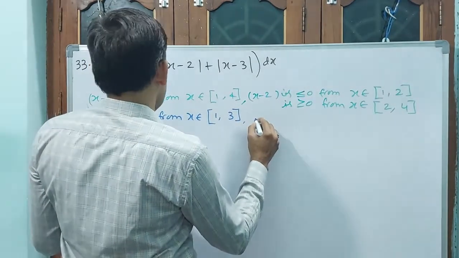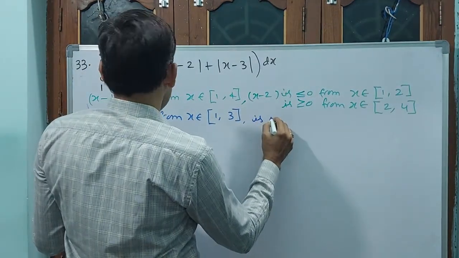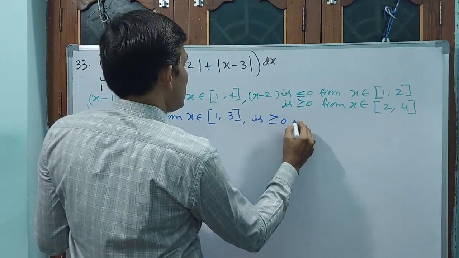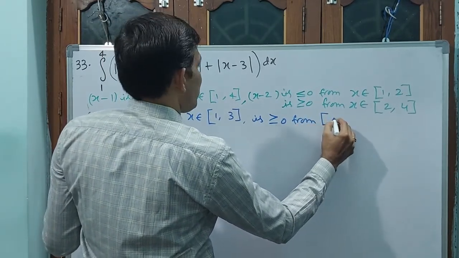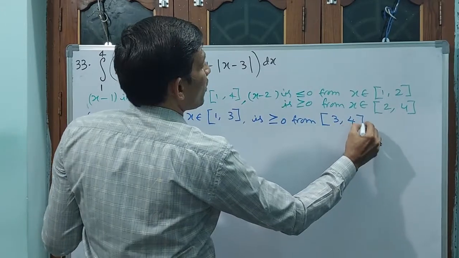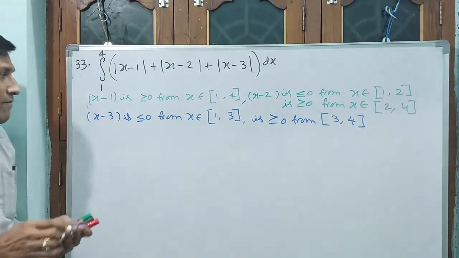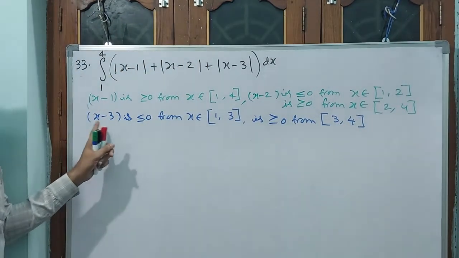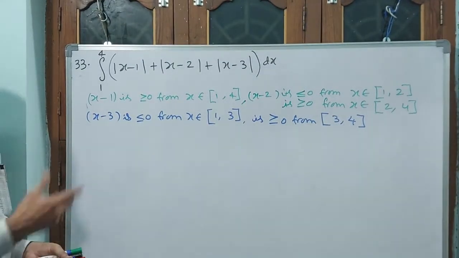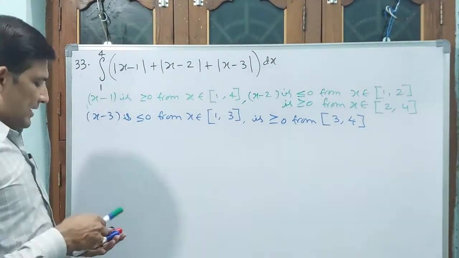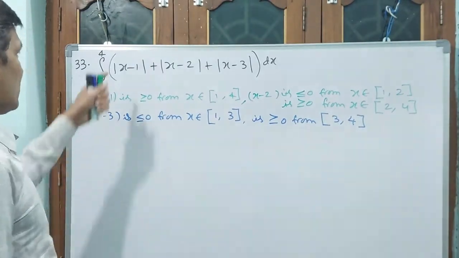And the same is greater than or equal to 0 from x belongs to 3 to 4. That means, you see, wherever less than or equal to 0, there you have to apply minus common. Remaining area plus you have to take. Let us now write in one go this integral.